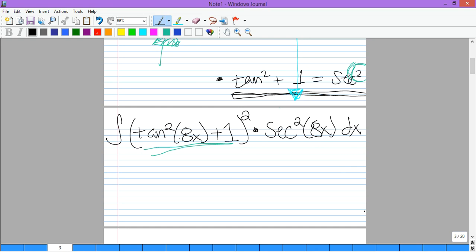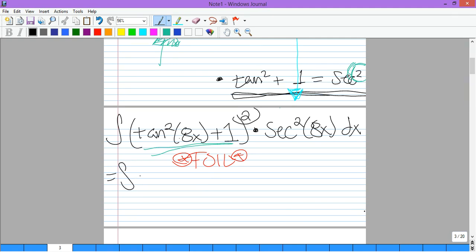So now that we have this here, we know that we have to FOIL, which is the first plus the outer plus the inner plus the last products.